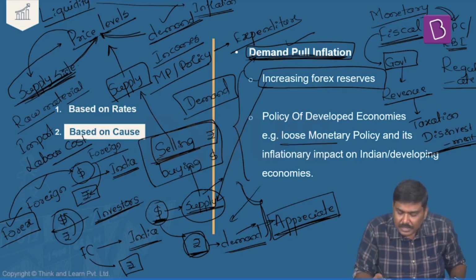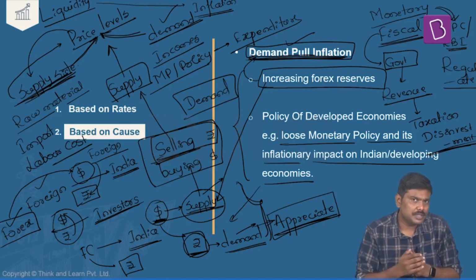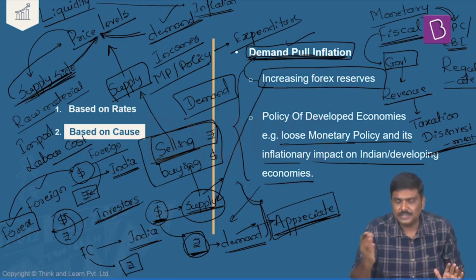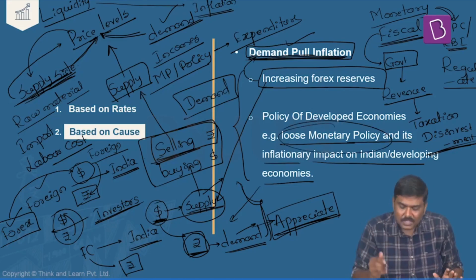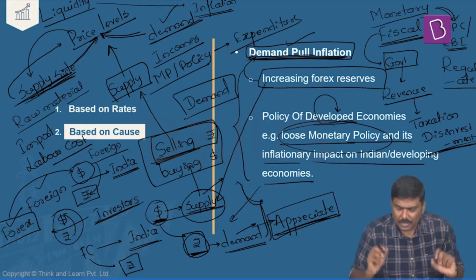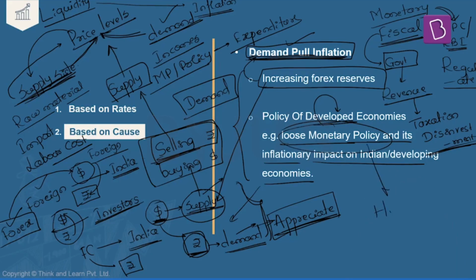Second one, in case of the economy, I said that there are two very important policies. One is a monetary policy and the other one is a fiscal policy. Now understand this, whenever monetary policy is used in a country, such as a developing country or for that matter even developed economies, there will be higher money supply in the market.